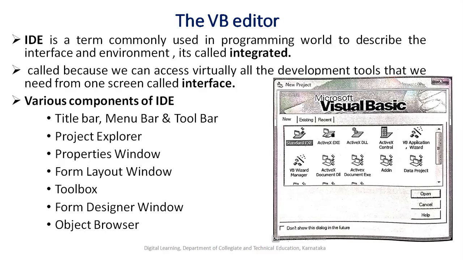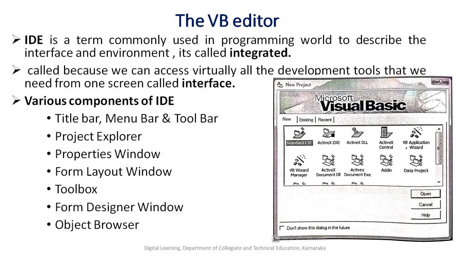IDE is commonly used in the programming world to describe the interface and environment, called integrated. Also, we can access virtually all the development tools that we need from one screen, called the interface.